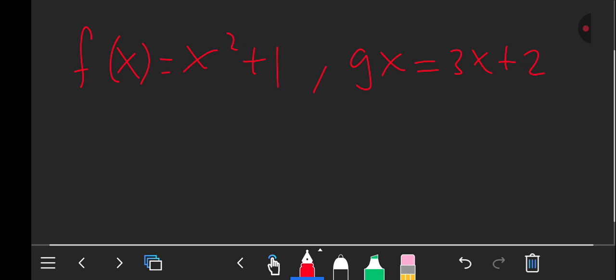Let me have another function, h of x, to be equal to 2 over 2x plus 1. So this is the information I have.